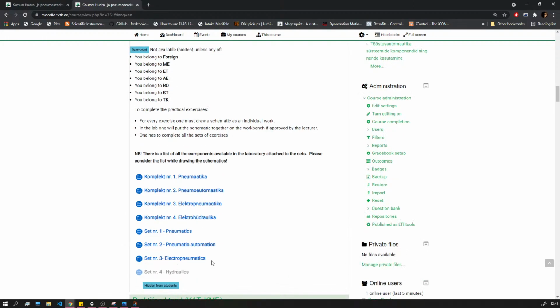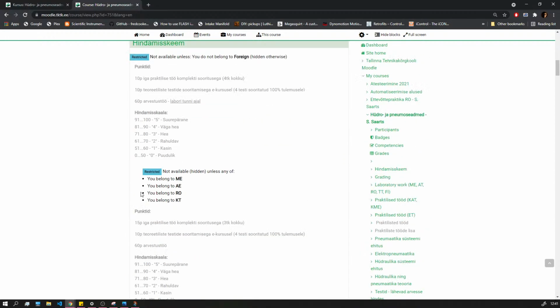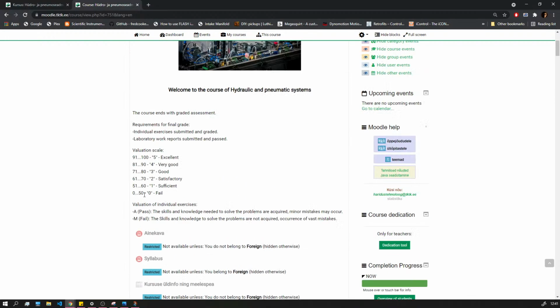So you are going to complete sets of practical exercises which give points to the final score. The point system goes from 0 to 100 points. So basically 0 to 50 is fail, and from there every other 10 points gives you another value in the score.